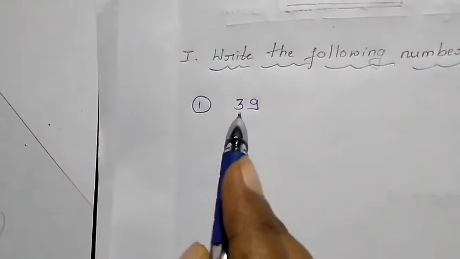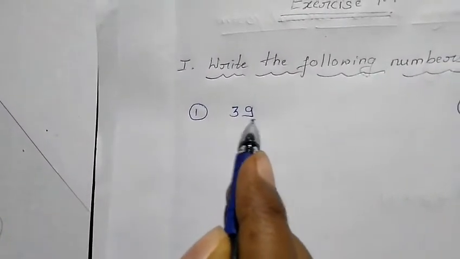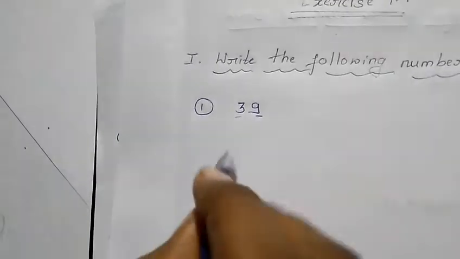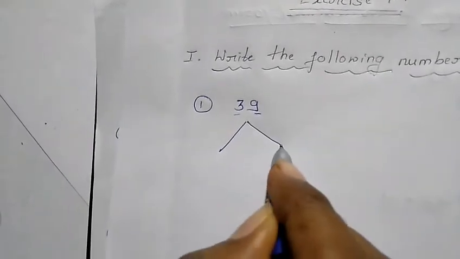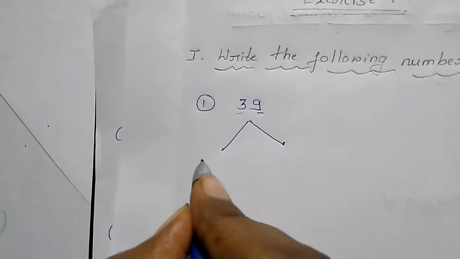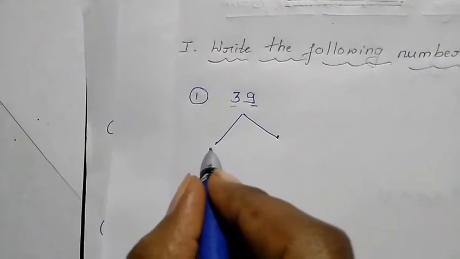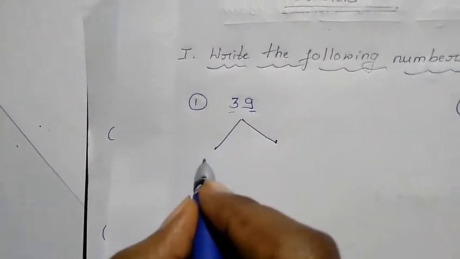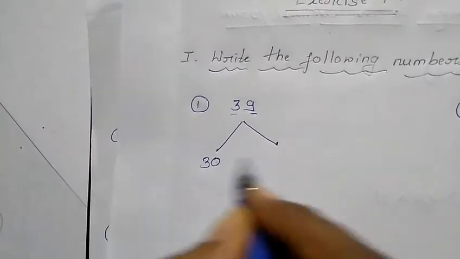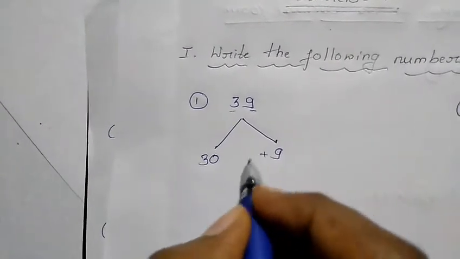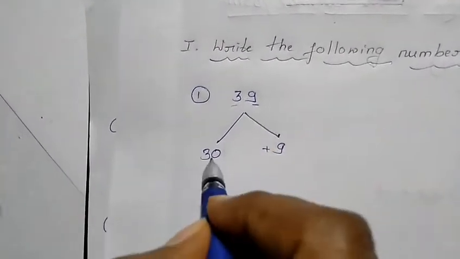So this is the 2-digit number, so unit place and 10th place. You have to split numbers as multiplied numbers. First you split this one as 30 plus 9, because first we have to split this into the sum.